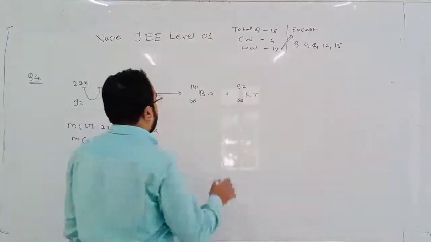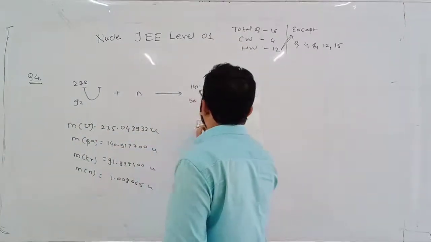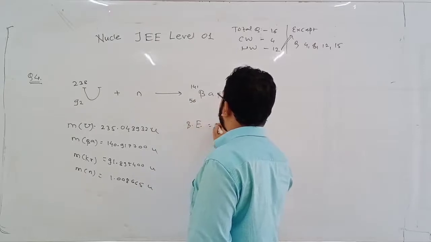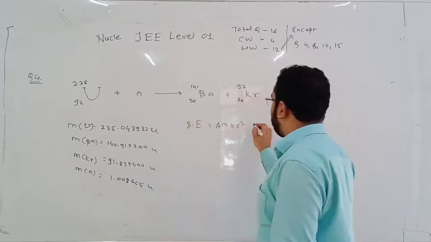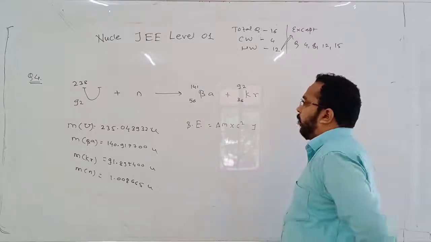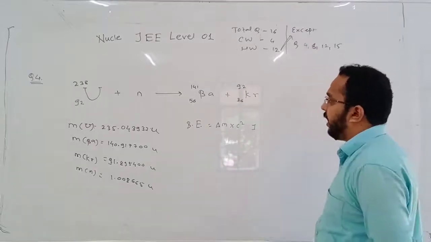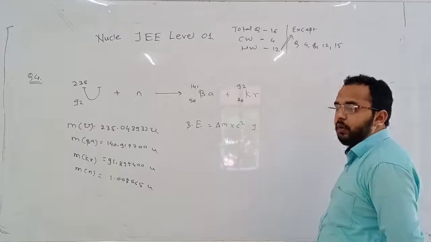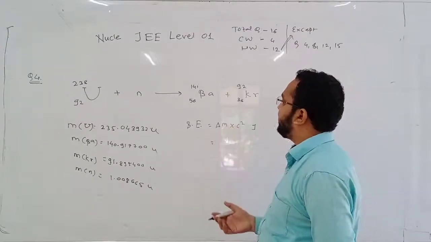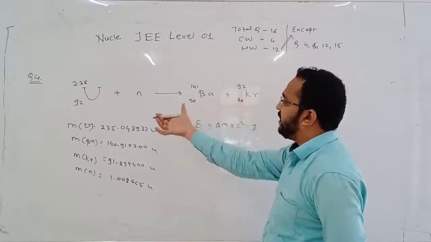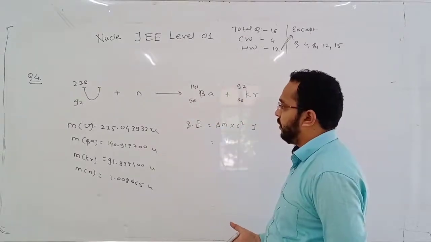Now see, we know the binding energy, which is nothing but mass defect into c square. This is in joules. And if you want the energy in electron volt, we have to divide it by charge. Now, this delta M is the mass of products minus mass of reactants.